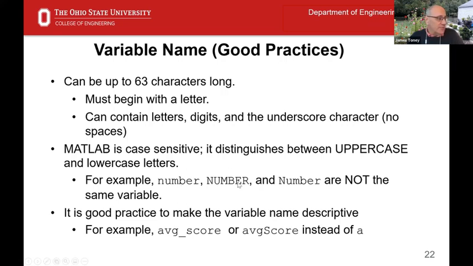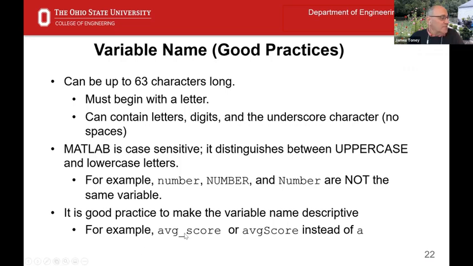So if you have these 3 variable names, number in lowercase, number in uppercase, and then number with only the n capitalized, those are 3 different variable names. And that's a pretty common mistake that we see. It usually takes us a while to figure out what's going on, but it's that you weren't consistent with case. So you have number lowercase and number uppercase, and you think they're the same variable, but they're actually 2 different variables.